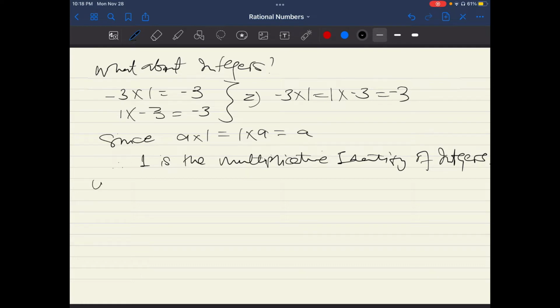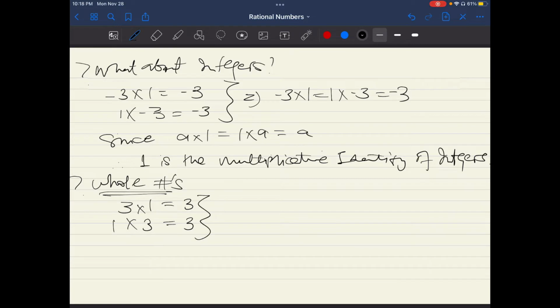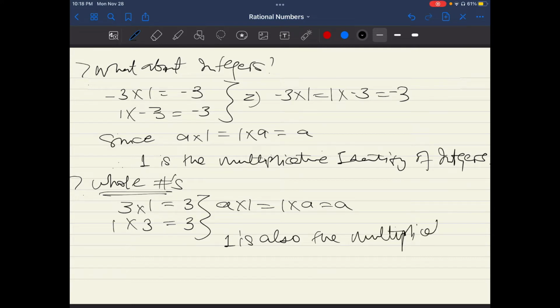Now let's look at whole numbers. For whole numbers, 3 times 1 equals 3, and 1 times 3 equals 3. Therefore, we see that since a times 1 equals 1 times a equals a, 1 is also the multiplicative identity of whole numbers.